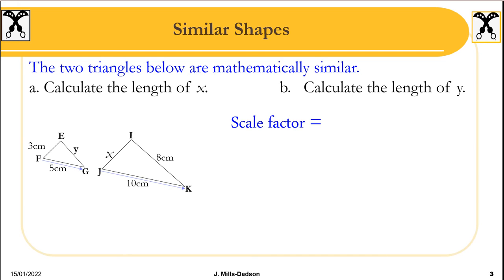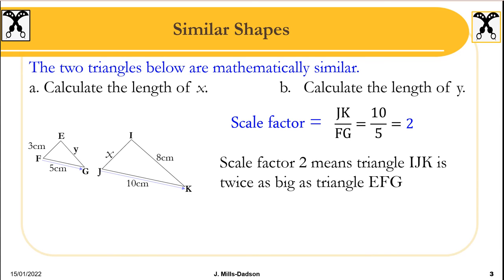So our scale factor K here is equal to 10 divided by 5, and that gives us 2. Now the 2 here means that triangle IJK is twice as big as triangle EFG. Scale factor, that's what it tells you. This triangle is twice as big as the smaller one.